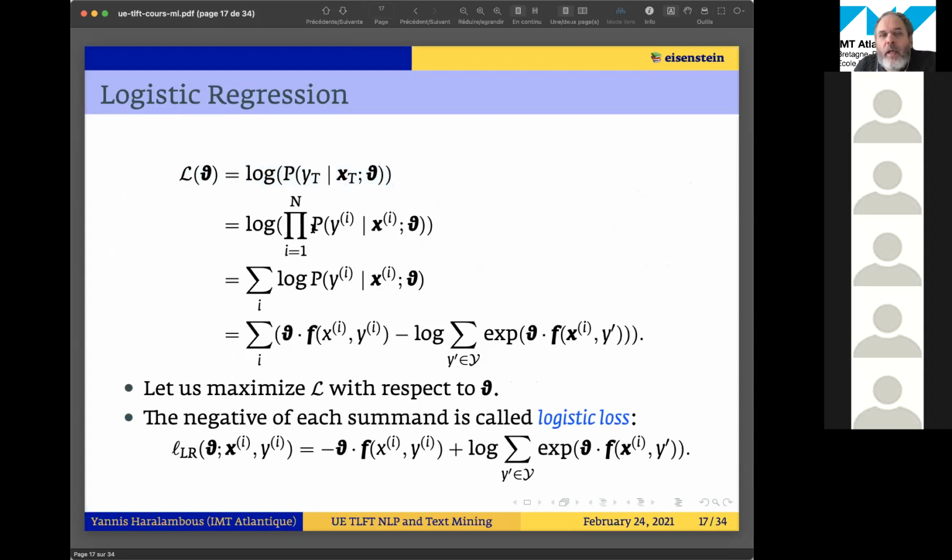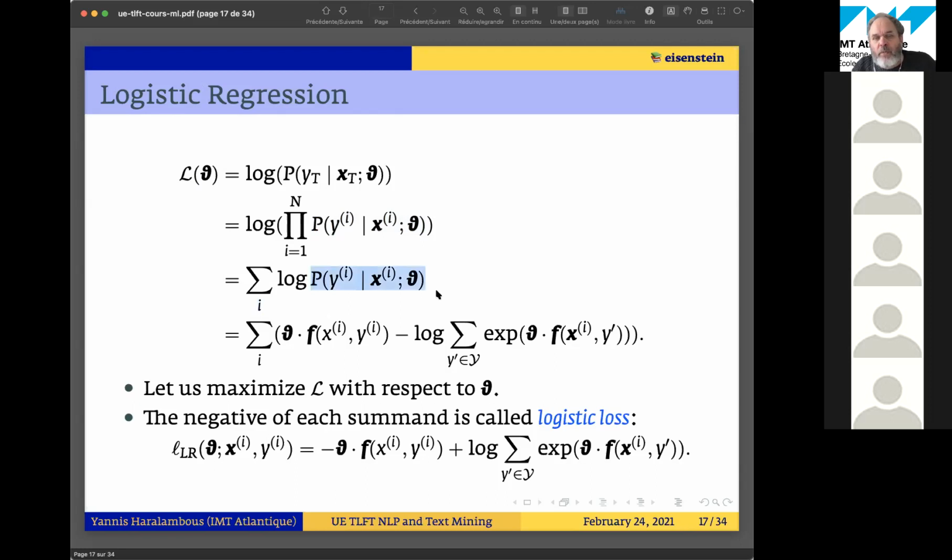Once again, I have the hypothesis on the independence of documents. So this conditional probability is the product of probabilities for each document. So this means that documents are independent. The log of the product is the sum of the logs.